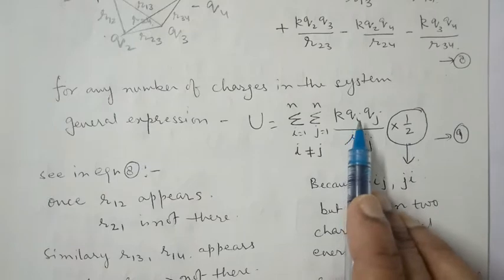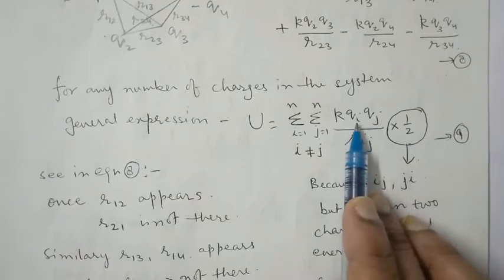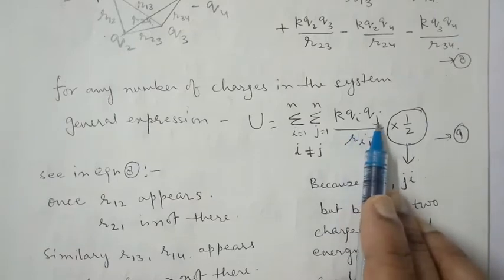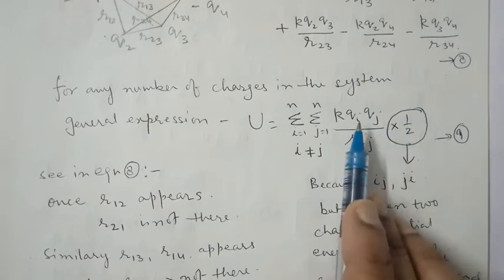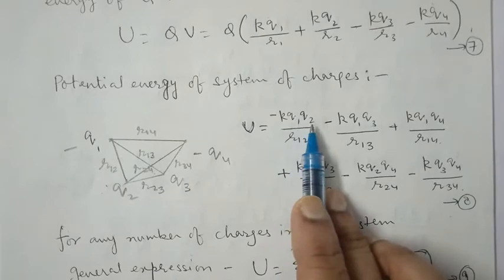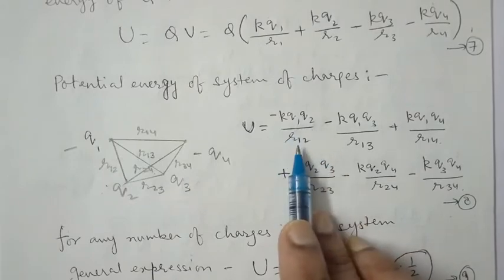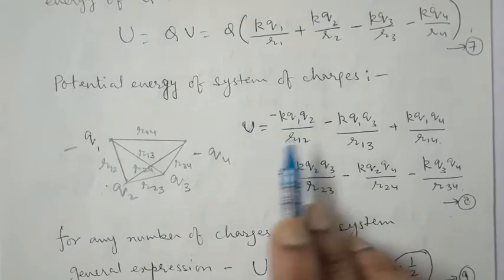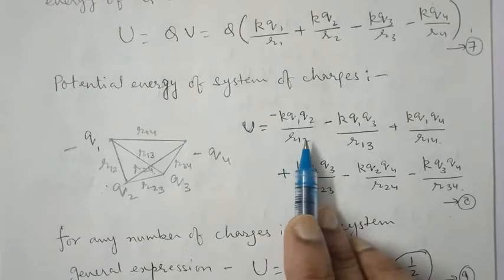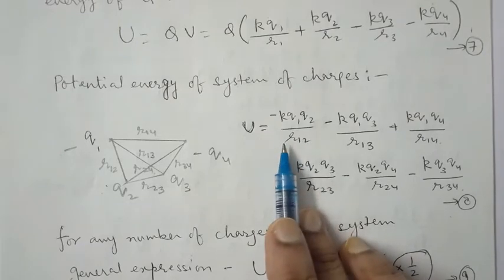The reason: when I say ij, for some time this is 1 and another is 2. Next case will be this is 2 and this is 1. You can observe over here, when I have taken 1, 2, I did not take 2, 1. That means once I have taken r12, I did not take r21. I cannot take the same thing two times.